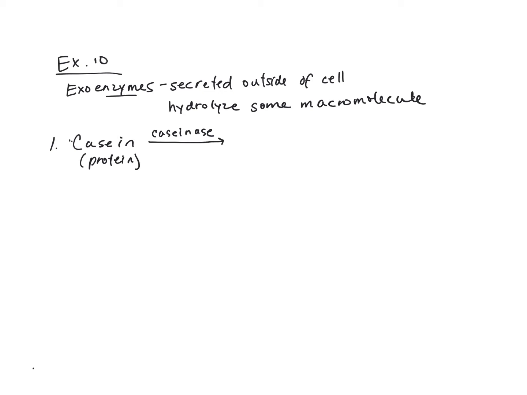And if you have an enzyme that's chopping up a protein, what kind of products do you expect to get? Well, it shouldn't be too difficult. You're looking for shorter chains of amino acids. Okay, so if you think about what proteins are made of, that's what you're going to get from an enzyme that chops it up.